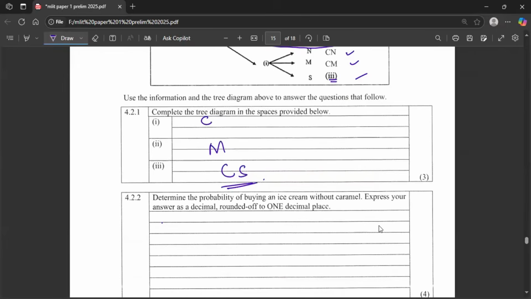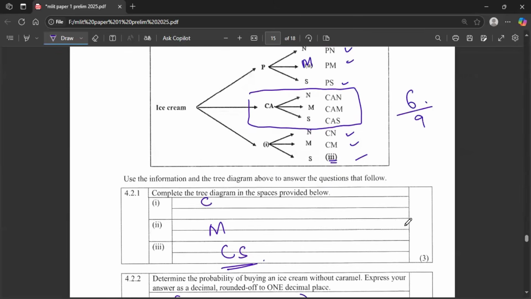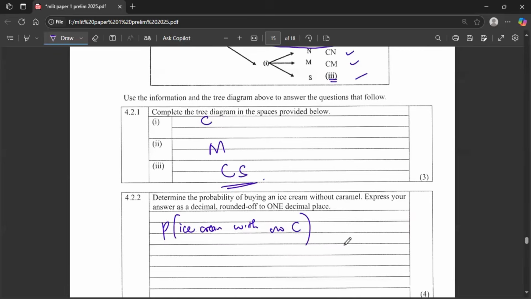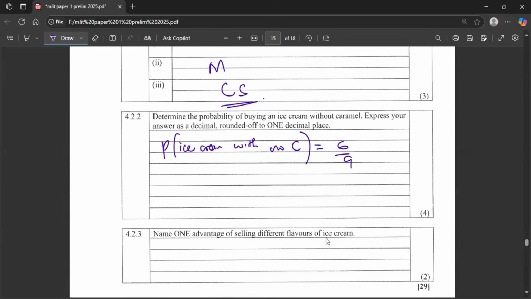So we're going to say probability of ice cream with no C. Where is caramel? Caramel is just the first part. So that entire portion is gone. So it's going to be 6 over 9. Then 6 divided by 9 gives me 0.66, which is like a 0.7.